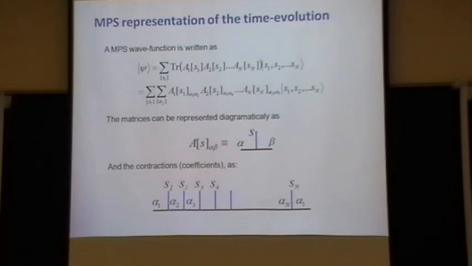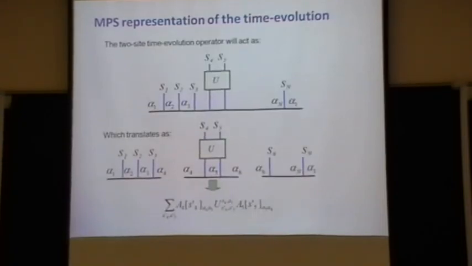Now, the evolution in this representation, this is a beautiful representation. This is very elegant. This gives us a fantastic framework to actually do things in a very formal way. So in this representation, for instance, the evolution operator acts on two spins, right?